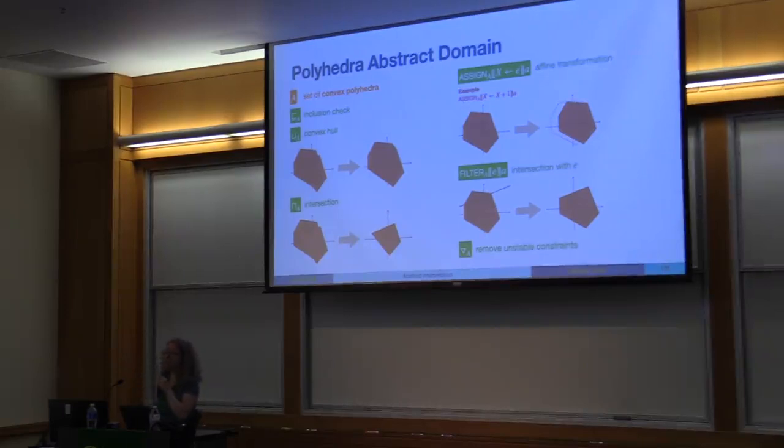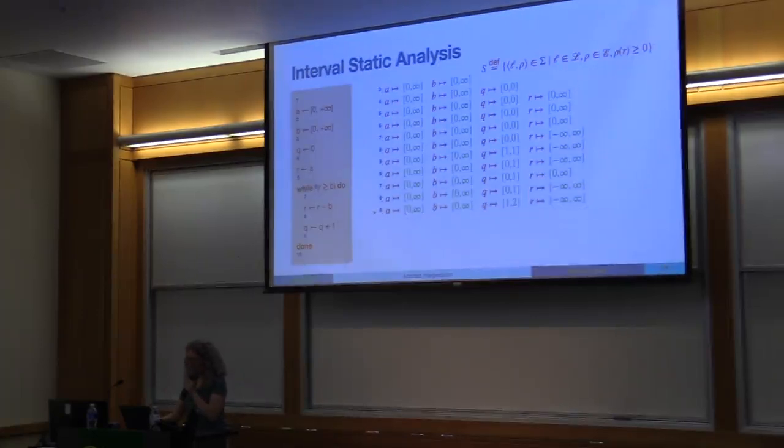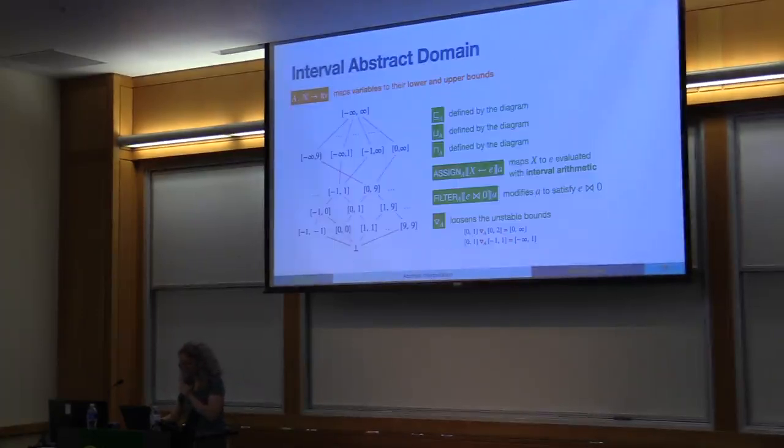Sorry, what is an unstable constraint? I'll show you in the example, but let's say you have a polyhedra where, in a way, it's similar to the one of intervals. Let me go back to it, sorry. You see here, let's say you have linear constraints that restrain x to be between 0 and 1.